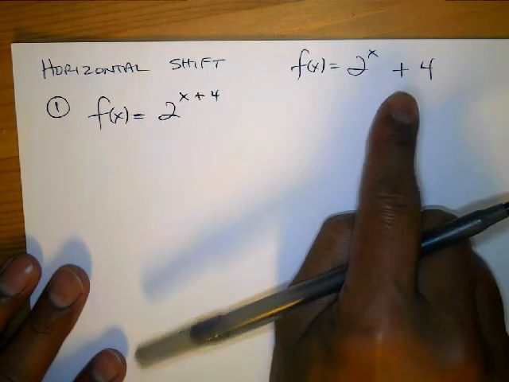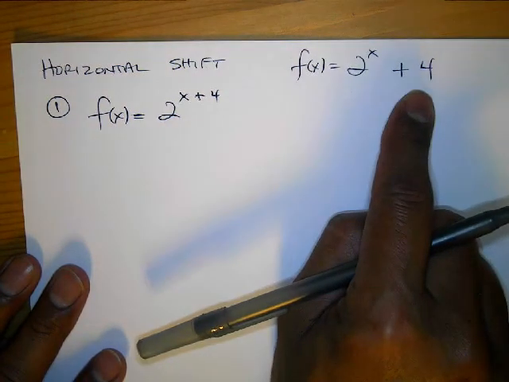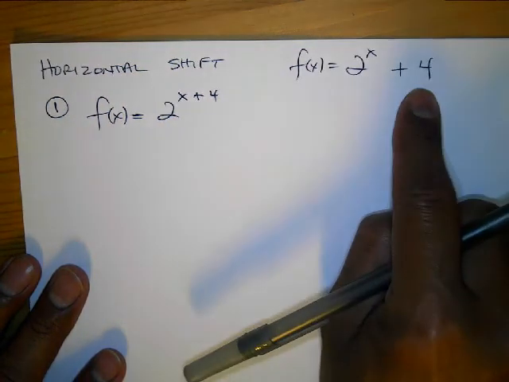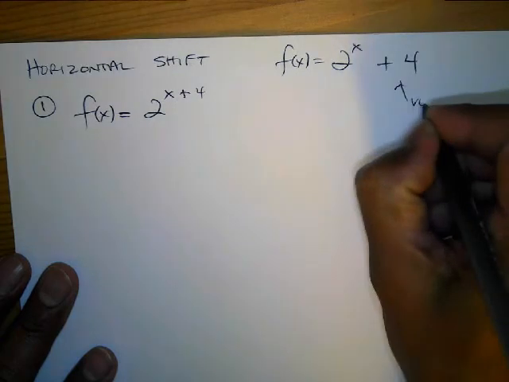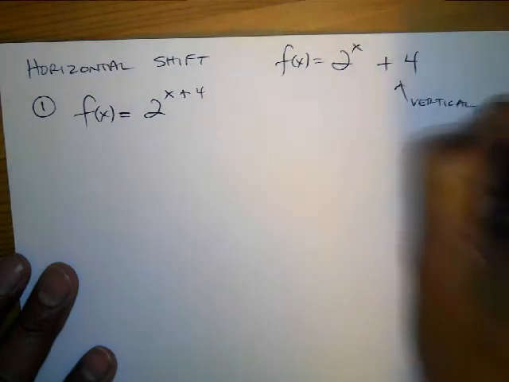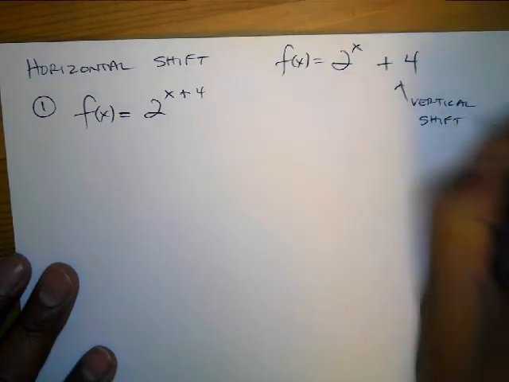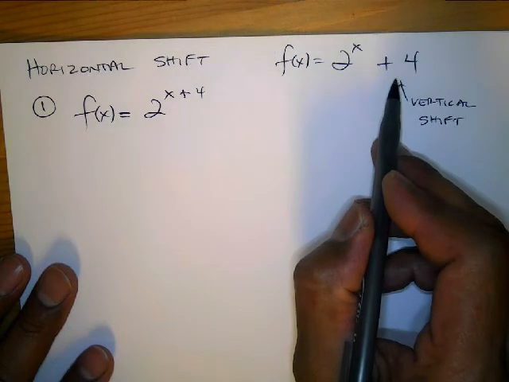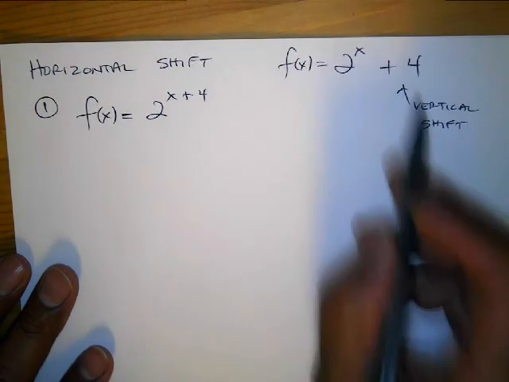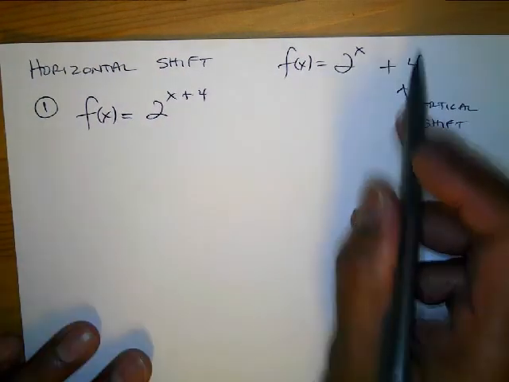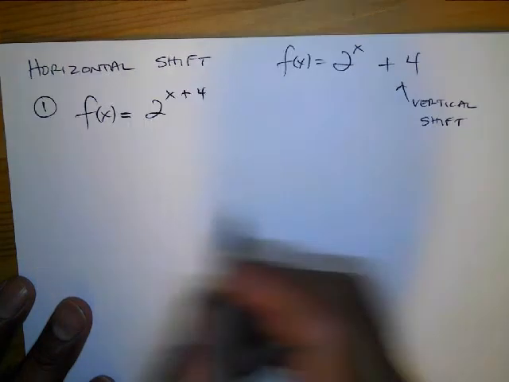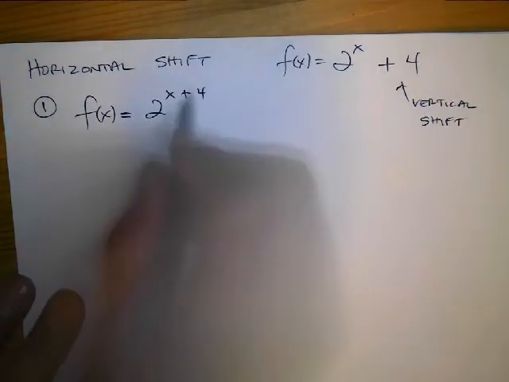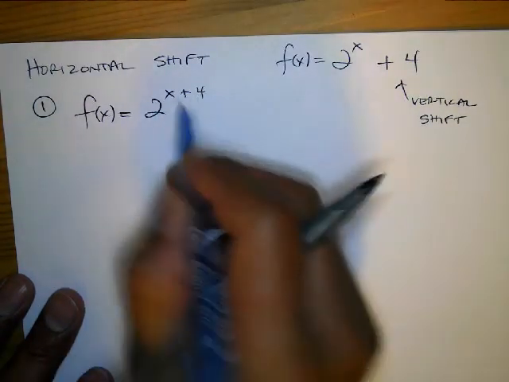See, it's not down here. This is a vertical shift. When it's down here, a big number in the bottom, this one is a vertical shift. And positive means up, and negative means down, and then the number tells you how much, right? 4 units up, 4 units down, right?